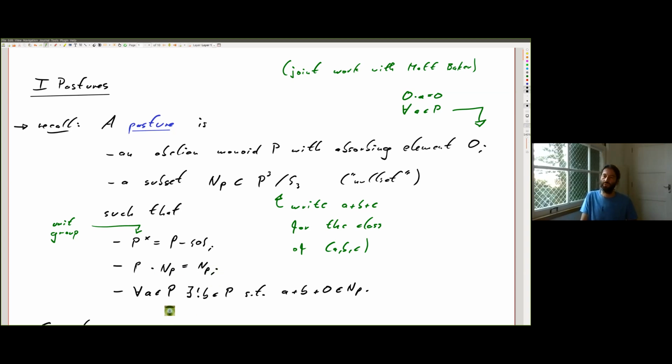The third axiom is that for every element a in the pasture, there exists a unique additive inverse b, which means that a plus b plus 0 is in the null set. You should think of all expressions in the null set as sums that are 0, that are null. Null is a German word for 0.